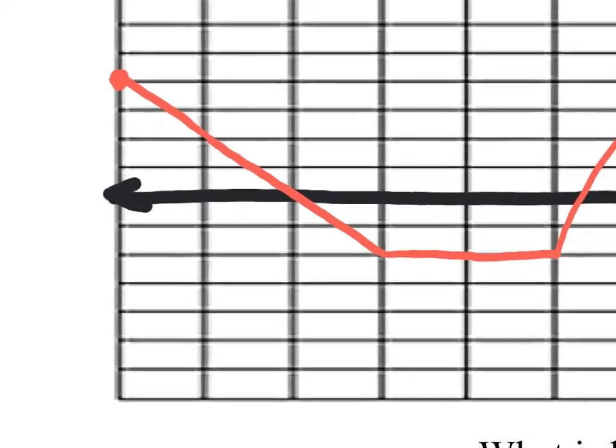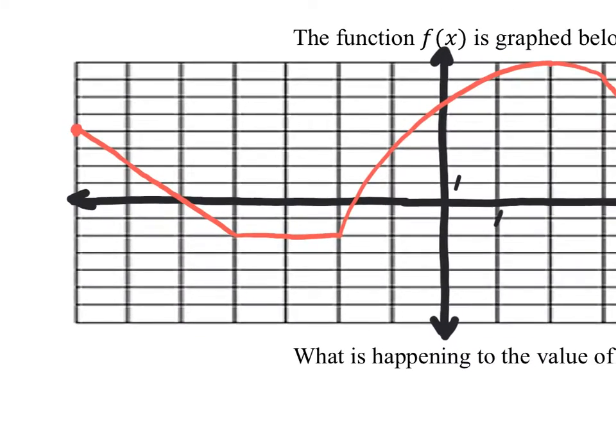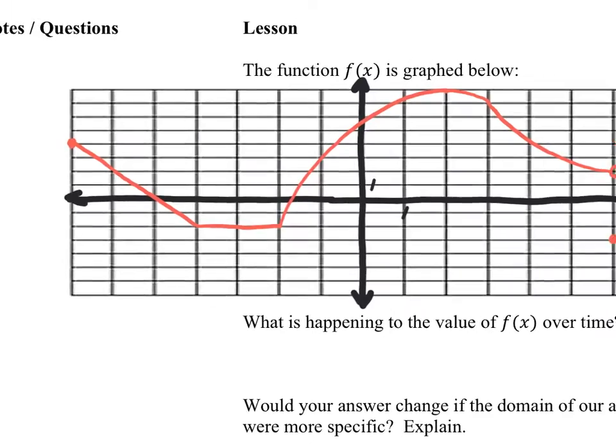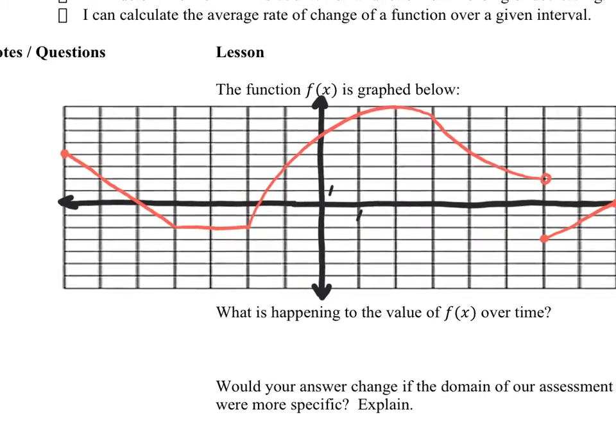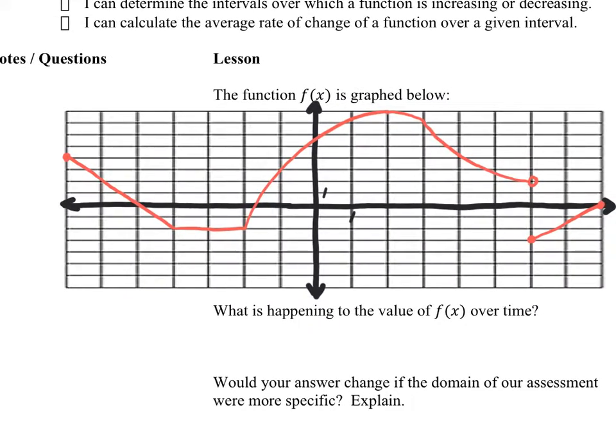So this question is pretty broad, so maybe they're saying, what's happening to this function over all of the time that it exists for? So I'll make our window the whole function. Let's say we started here and ended here. What is the change that happens over that amount of time? I'm going to sketch in a little line to show what we're looking at.